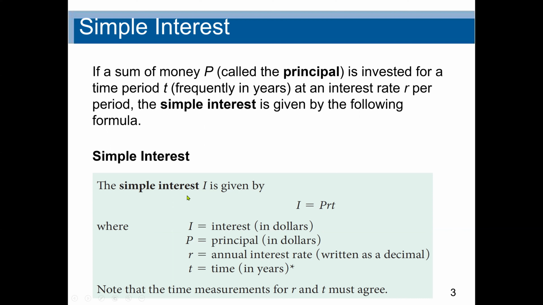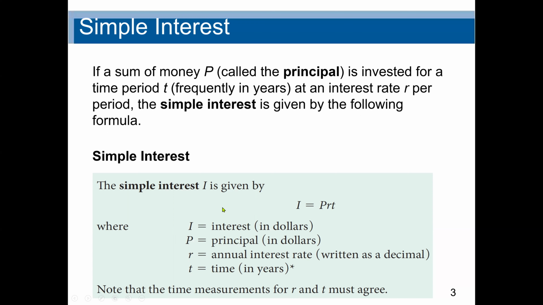The simple interest I is given by I equals PRT. Again, P is the principal amount, the amount we want to invest in dollars. R will be the annual interest rate, and normally we write it in decimal. Then the time will be in years.